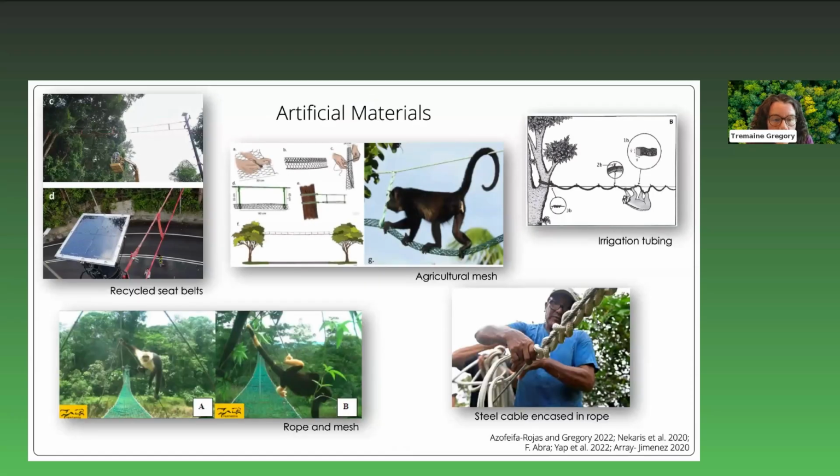And then there are many different forms of artificial materials that people are using. I love some of the creative solutions here. You can see the recycled seat belts, which have been really useful, and also the modified agricultural mesh. Those have been great where people are concerned about theft of the bridges themselves, because they can use materials that people are not interested in stealing.